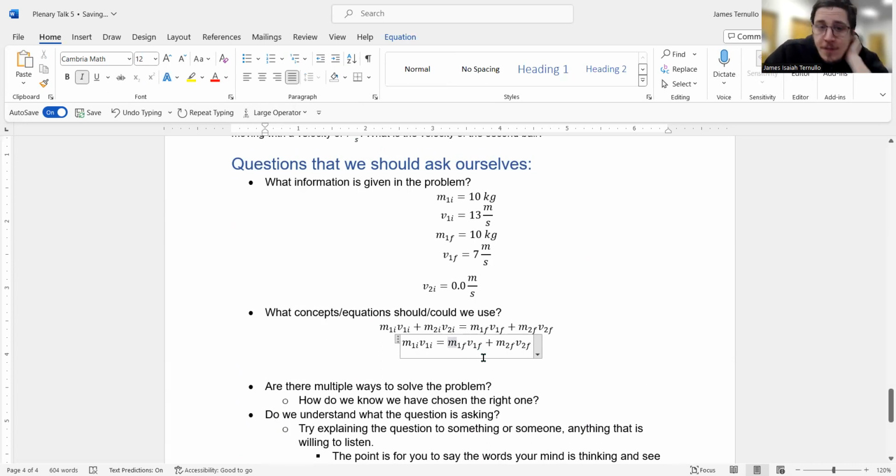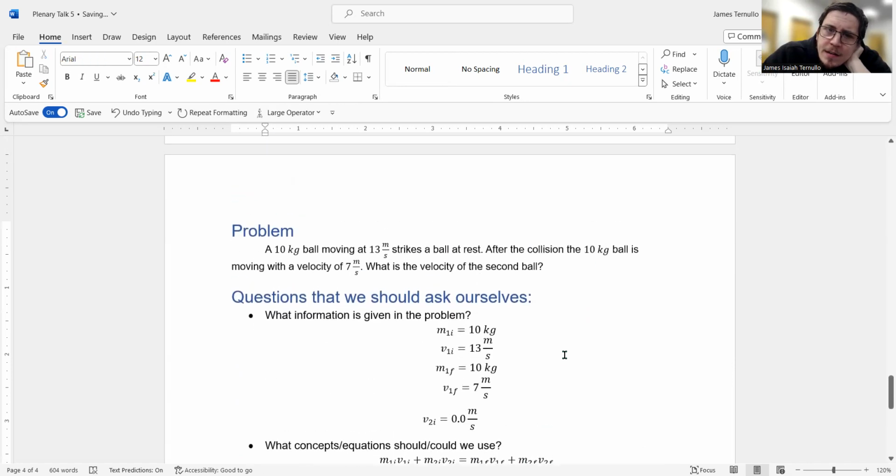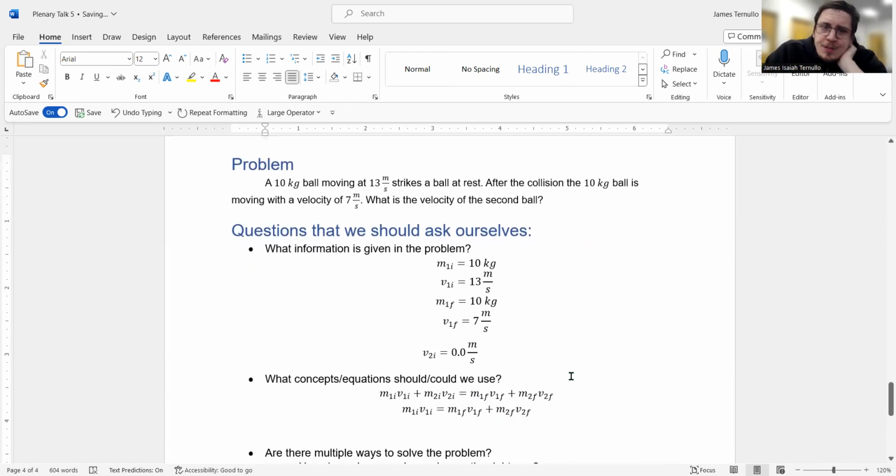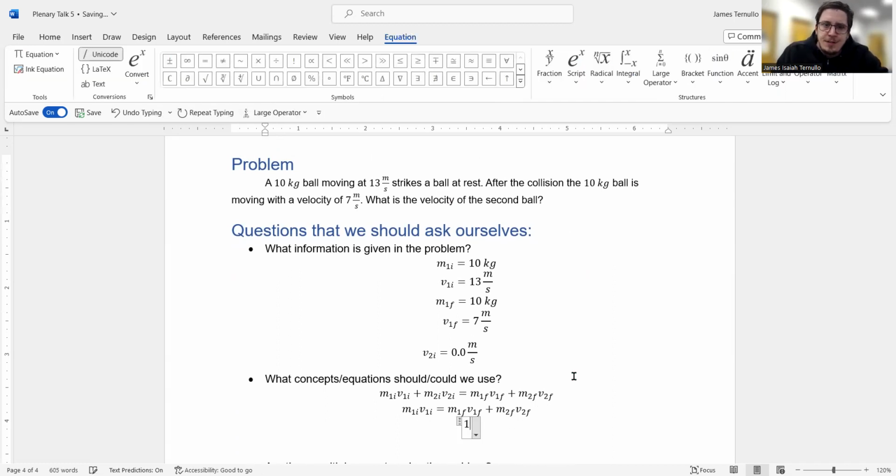And so now we pretty much have everything except the second mass, which is probably going to become a problem. And I think that it is, because we need to use also conservation of kinetic energy, or conservation of energy.